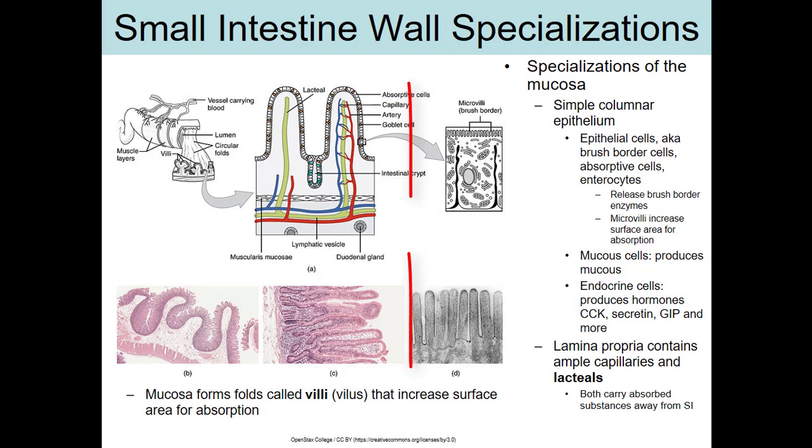When we look at the epithelium coating the outside of the villi, we can see more folds in the form of microvilli. So all of these help to serve to increase that surface area for absorption. The villi and microvilli are part of the mucosa, but the plicae are actually part of the submucosa.